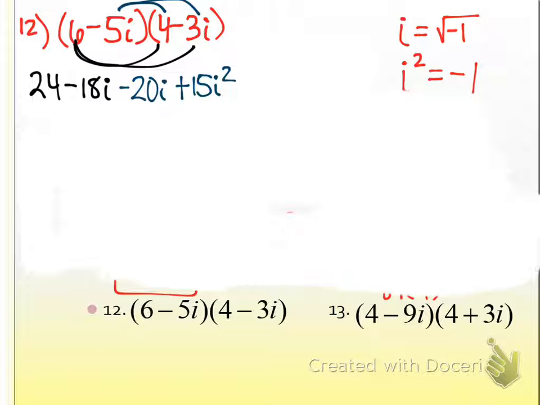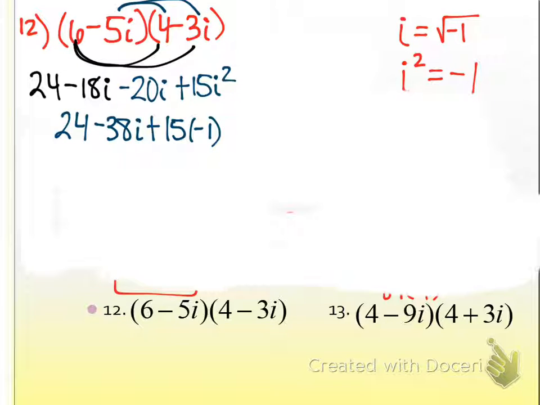Okay, then it just comes down to simplifying. Right now, there's nothing to combine with the 24 out in front, so we're going to leave it alone. Negative 18i minus 20i. Those can combine. What does it give me? Negative 38i.